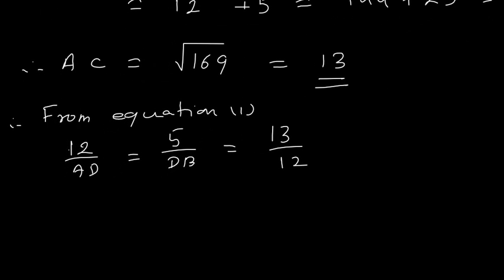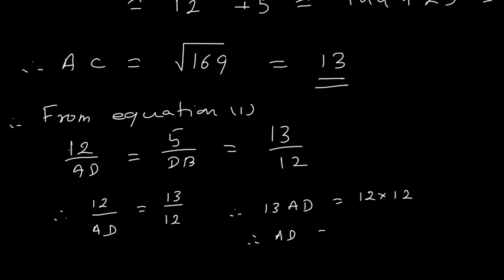Therefore 12 upon AD is equal to 13 upon 12. Therefore 13 times AD equals 12 into 12. Therefore the value of AD is 144 divided by 13.